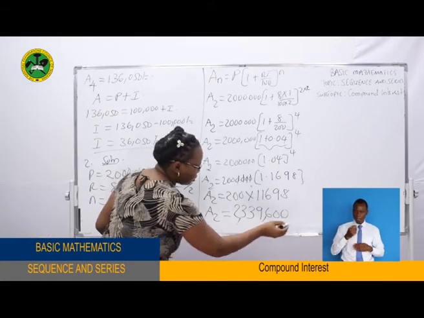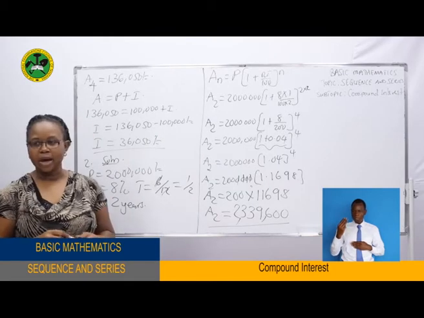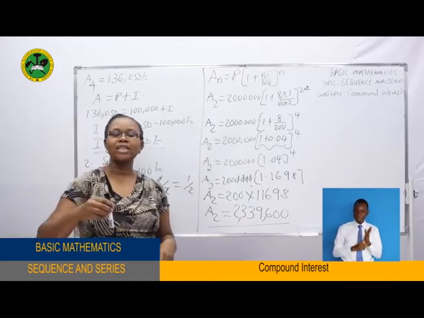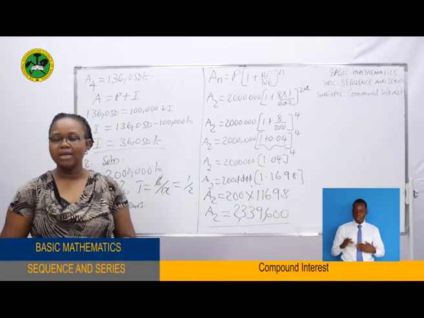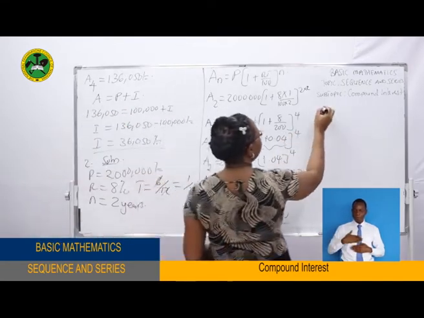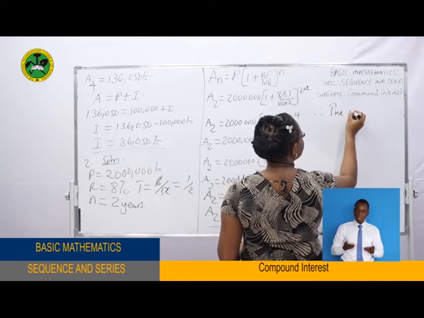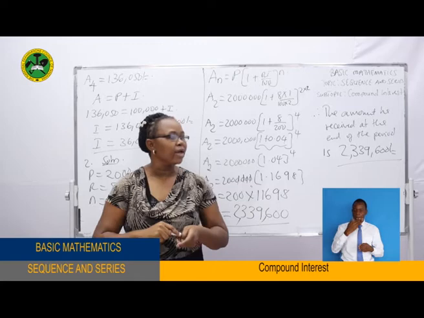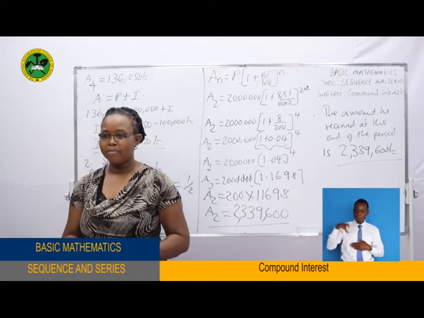So this is the amount at the second year. My dear students, our question asks us to calculate the amount he received at the end of the period. So we say that the amount he will receive at the end of the second year is 2,339,600.